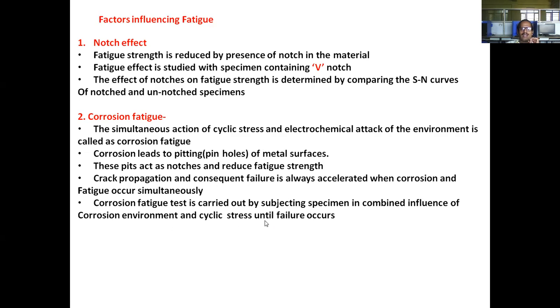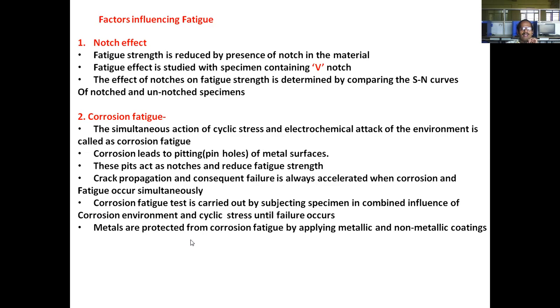A corrosion fatigue test is carried out by subjecting the specimen to the combined influence of a corrosive environment with cyclic stress. This is a kind of simulation done in the laboratory. The corrosive environment can be created in the laboratory and the fatigue test is carried out, so we can determine corrosion fatigue strength.